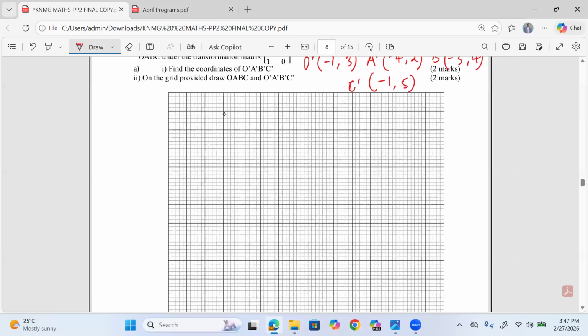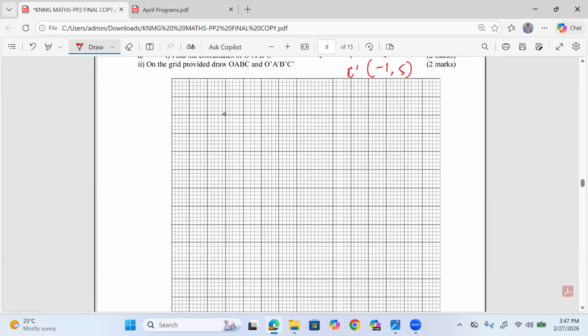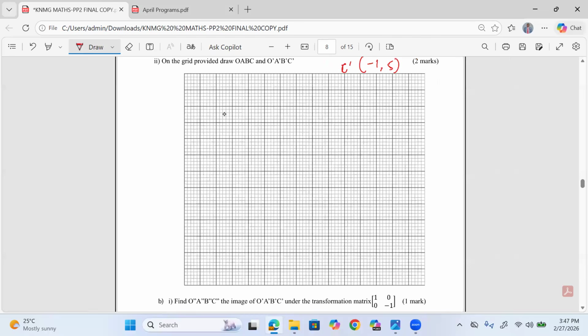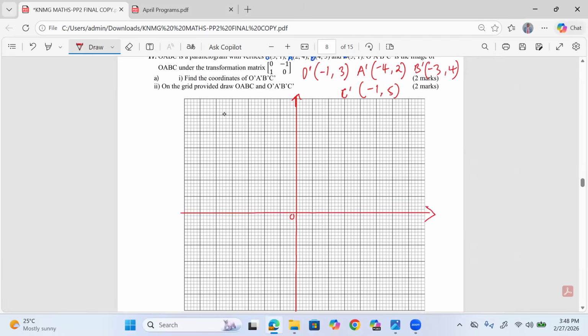Now look at the question in part a. We are told to draw both OABC and the image on the grid that has been provided. So allow me first to come up with the vertical axis and also a horizontal axis, and we plot the coordinates, then join them to come up with our figures.